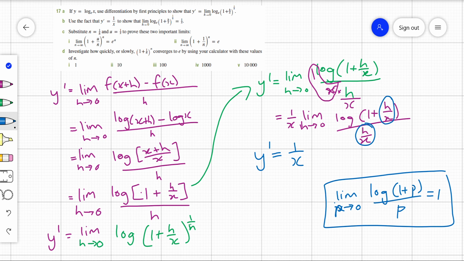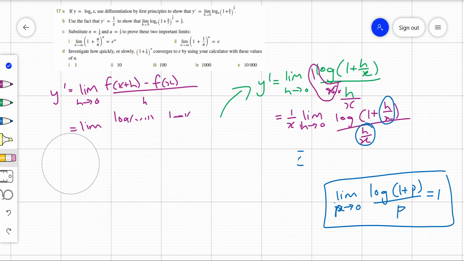Alright, so because of that, we can then use that.